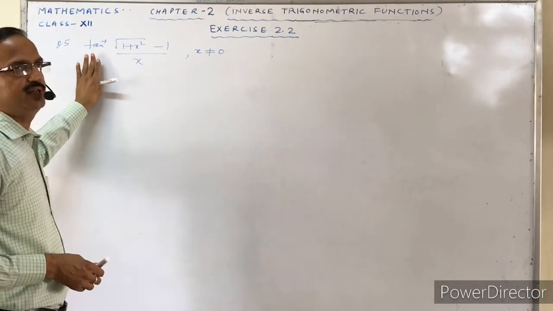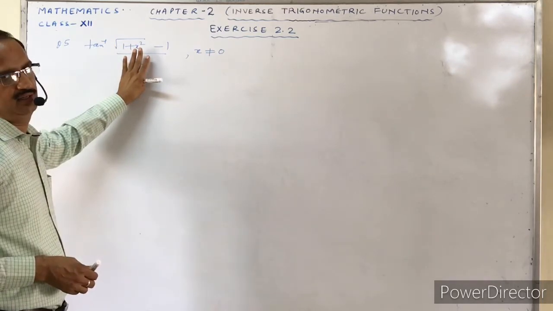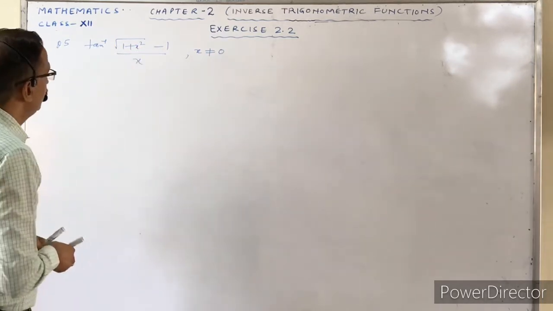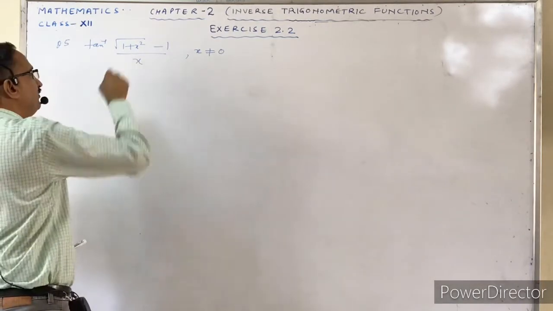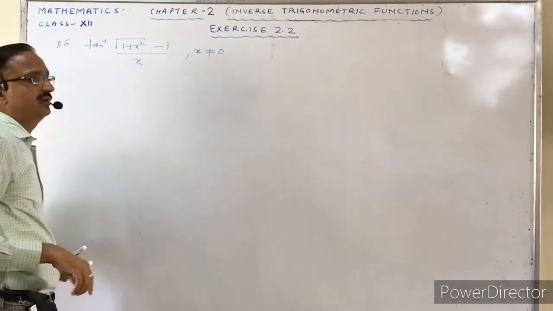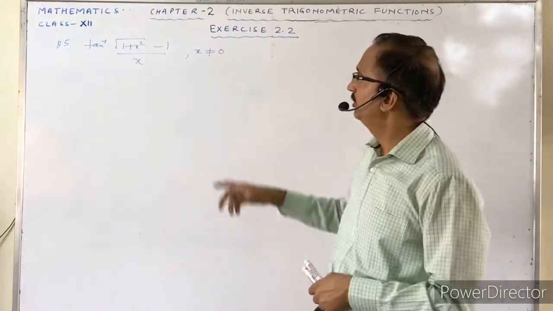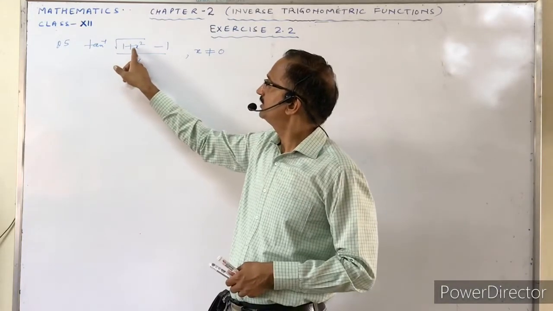If this is sin inverse, then we will try to convert this in sin theta. So what should we put in place of x so that this result is converted in the form of tan theta? This is the square root of 1 plus x square.